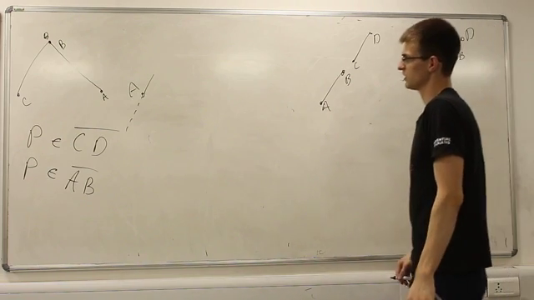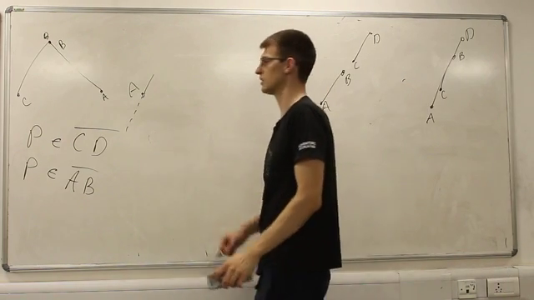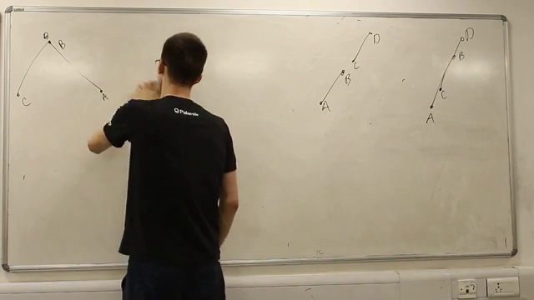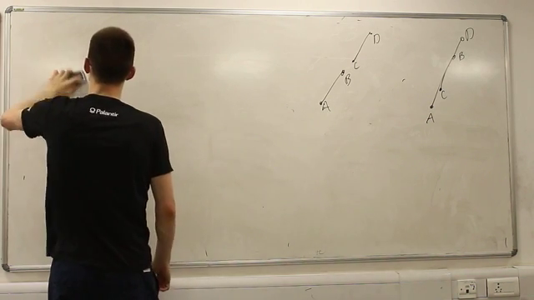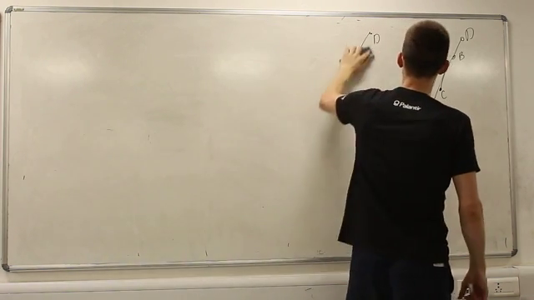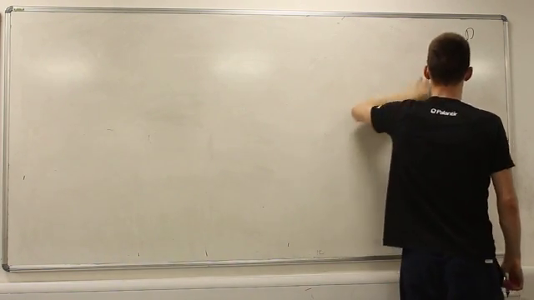Next problem, where we will use the algorithm of checking if two segments intersect, is: given two convex polygons, check whether they intersect with each other.